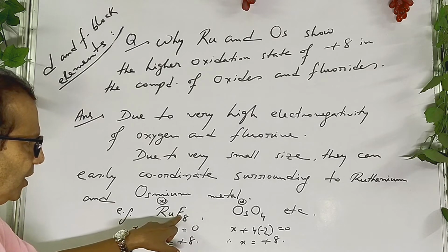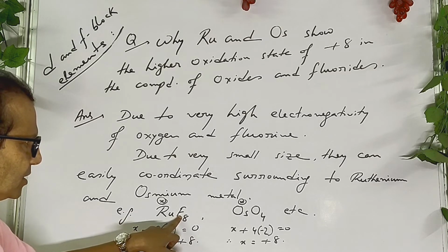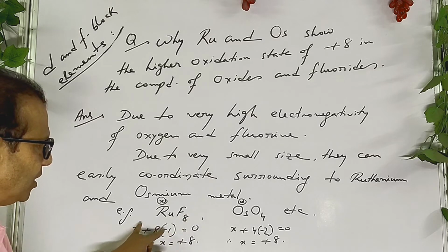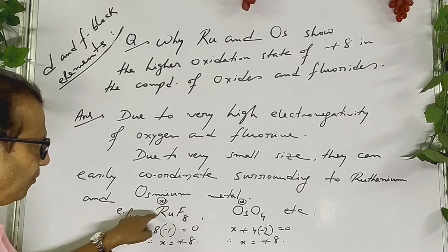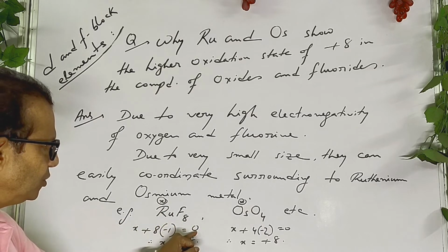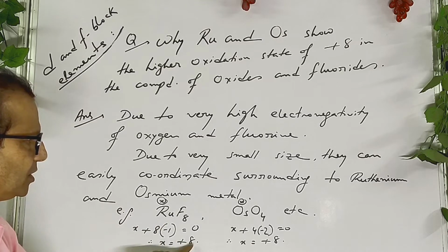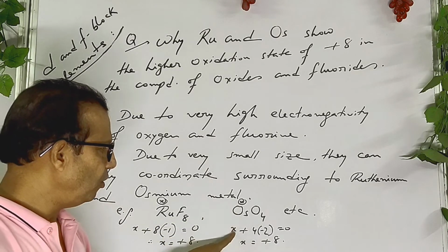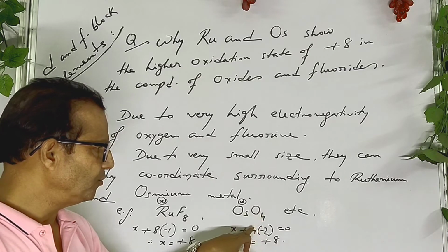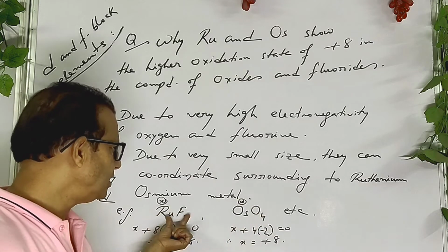You know that fluorine, chlorine, bromine, iodine, being halides, all show -1 oxidation state. So 8 into -1 equal to -8. You know that for a neutral compound, the sum of oxidation states equals 0. Don't write, only understand it. So X equals +8. Here, X plus oxygen, which always shows -2 oxidation state. So 4 into -2 equal to -8. So +8. So you see that in this type of compound.